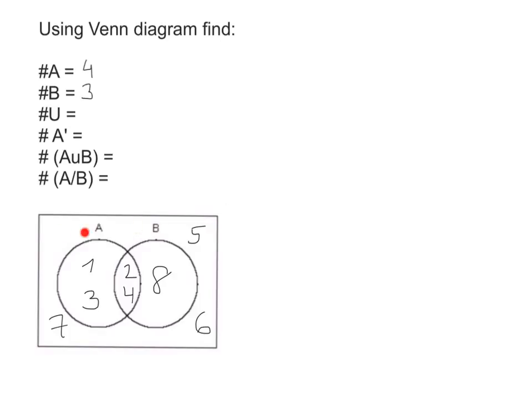So 8 elements in the rectangle. Then the next question is, how many elements are in A complement? So everything outside set A. So we have 1, 2, 3, 4 elements outside A.